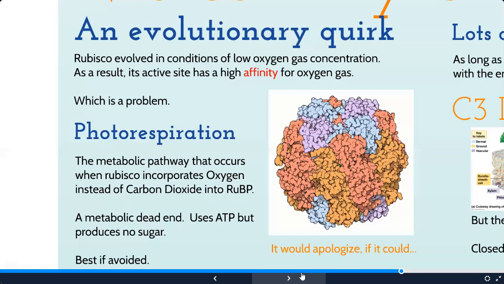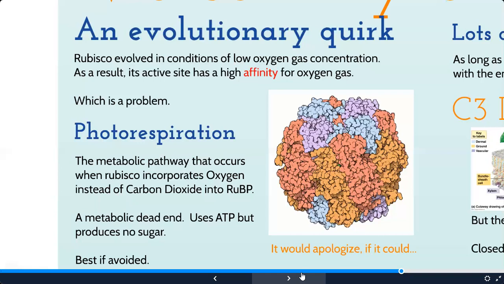So it's an enzyme. Its active site actually has an affinity for oxygen, which is not good for photosynthesis. We want to get the oxygen out of there. This causes a problem. So on occasion, instead of using carbon dioxide, you get oxygen entering the Calvin cycle, which is wasteful.